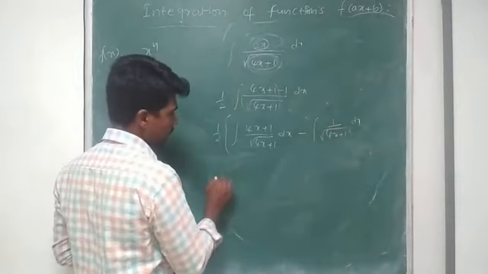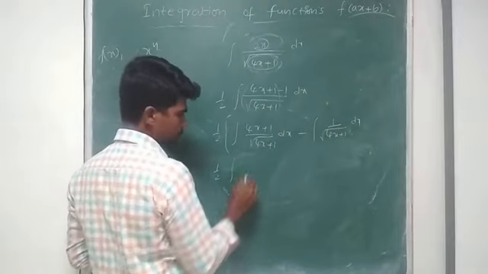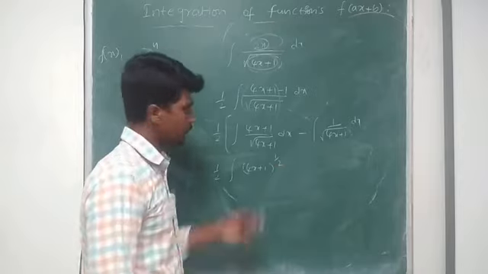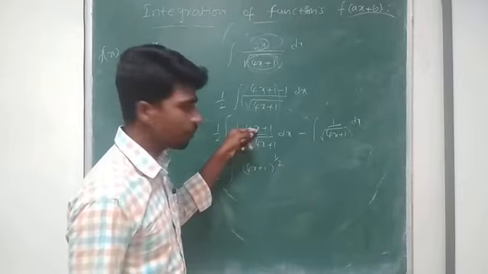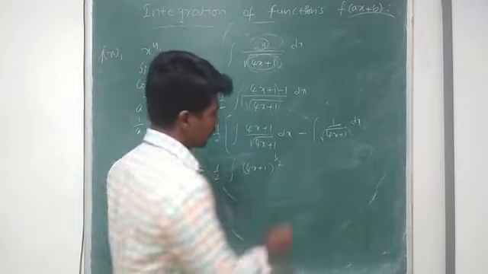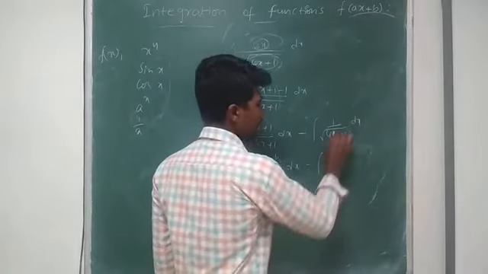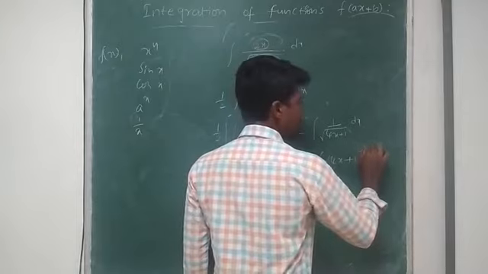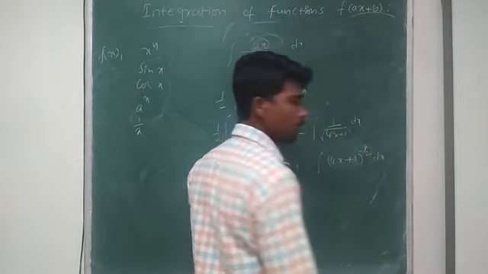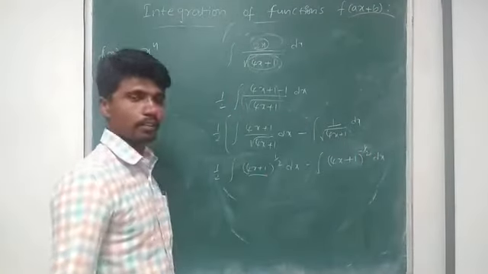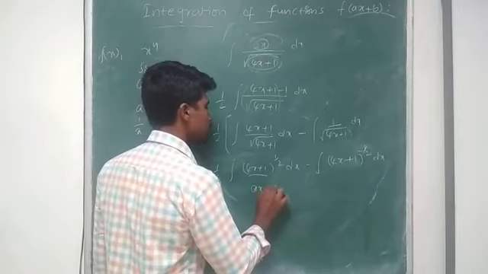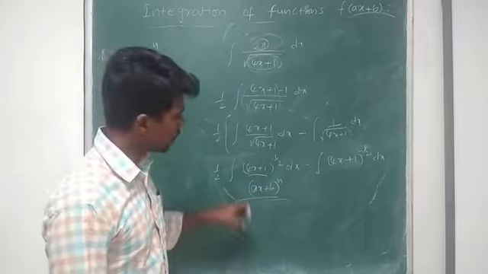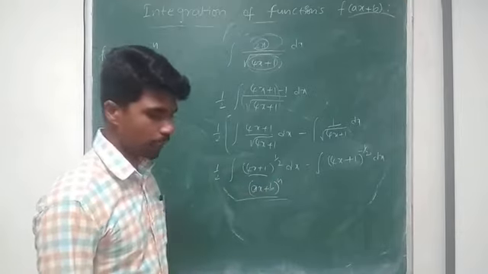So now this can be rewritten as integral of 4x plus 1 to the power 1 by 2 dx, minus integral of 4x plus 1 to the power of minus 1 by 2 dx. Now here we can apply ax plus b to the power of n. In that way we can do these particular problems.